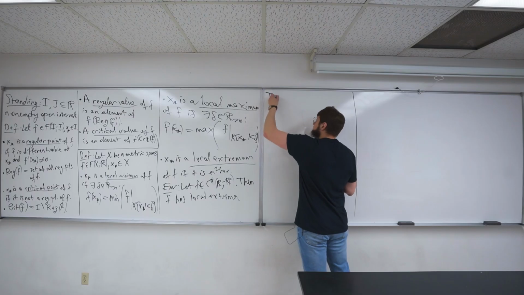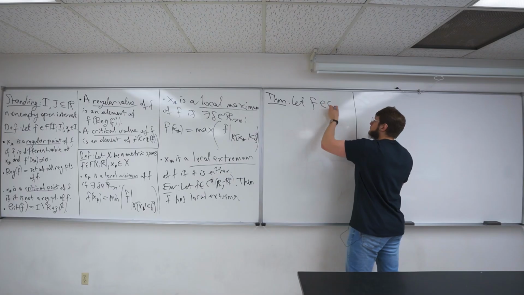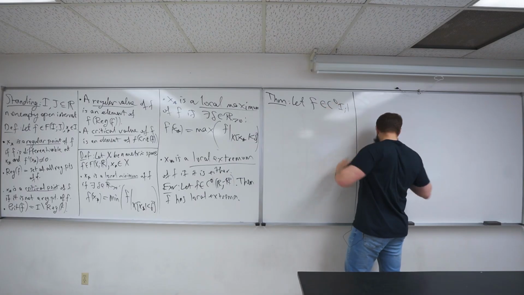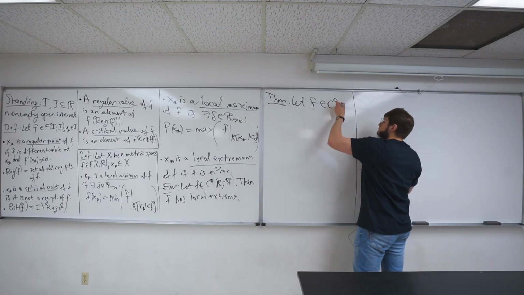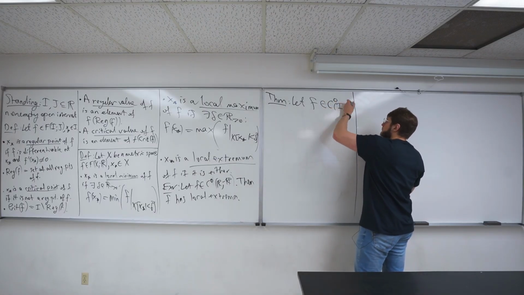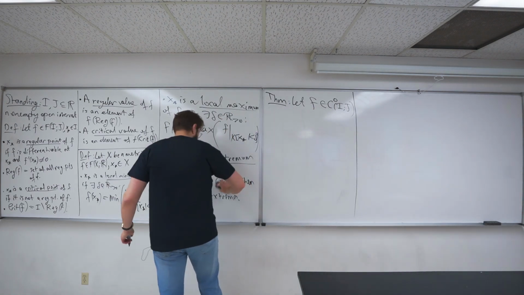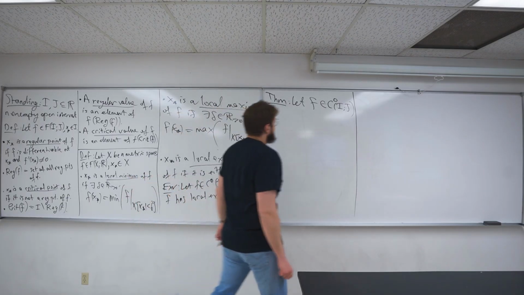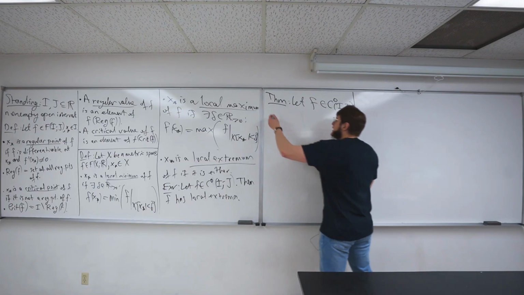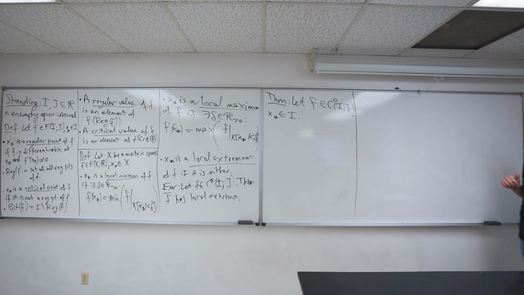So let's say theorem. Let f be a continuous function from I to J, and x star be a point in I. If x star is a local extremum of f, then it has to be a critical point of f.